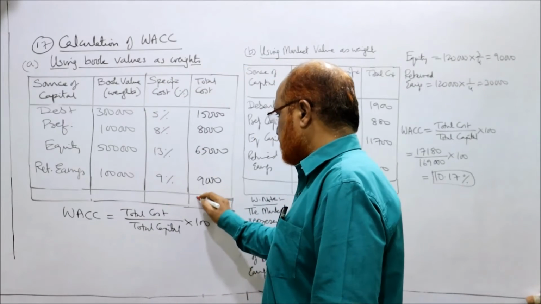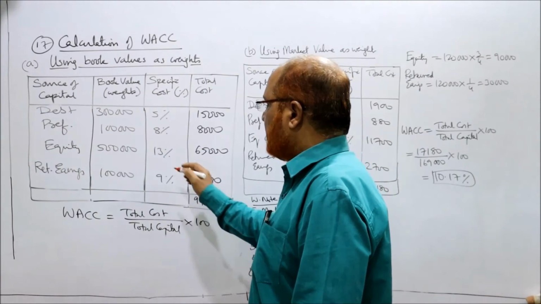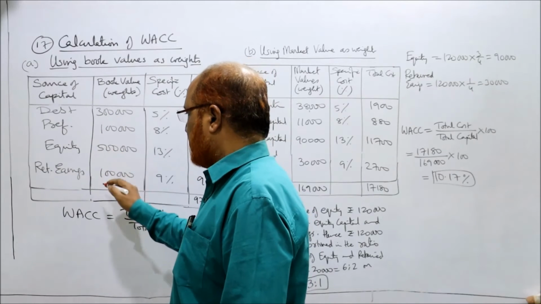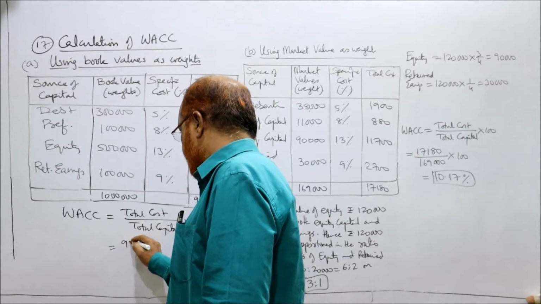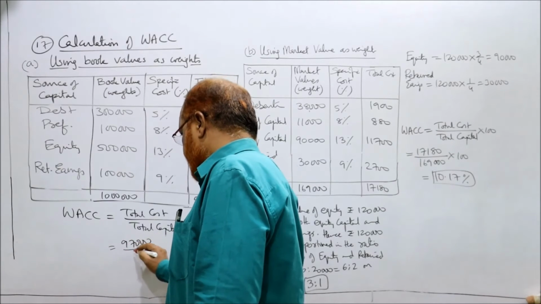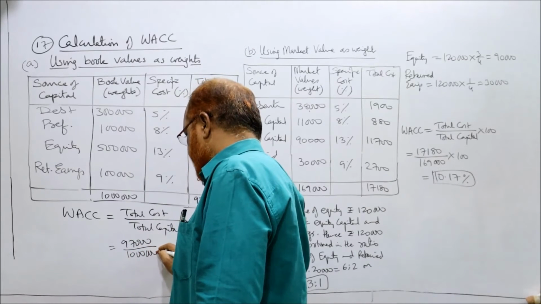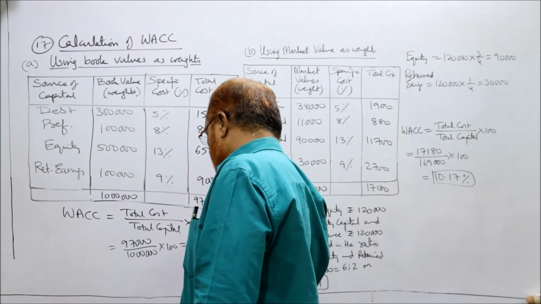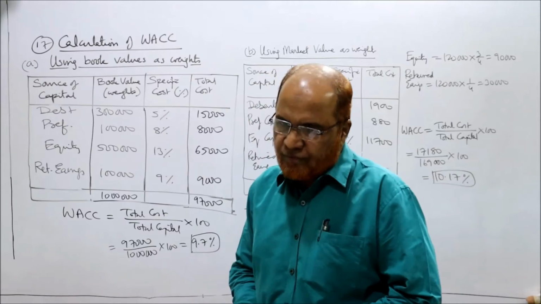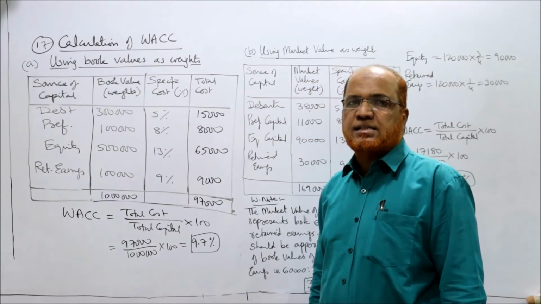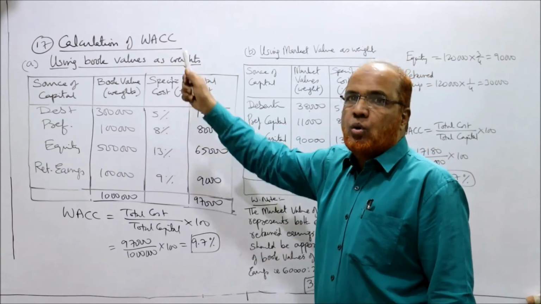Total 97,000. Here the total capital is 5, 6, 7, 8, 9, 10 lakhs. So we got 9.7% as the WACC by using book value weights.